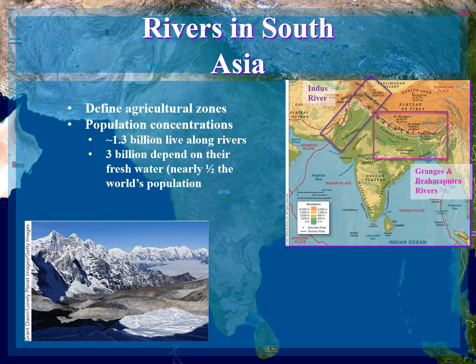So again, we're going to talk about that when we talk about the human geography in more detail, but as you can see, roughly 1.3 billion people live along the river systems in South Asia, and 3 billion people depend on the fresh water that comes from those rivers. So this is actually nearly half of the world's population. So when we talk about those rivers, they are critically important for our human survival in this area.